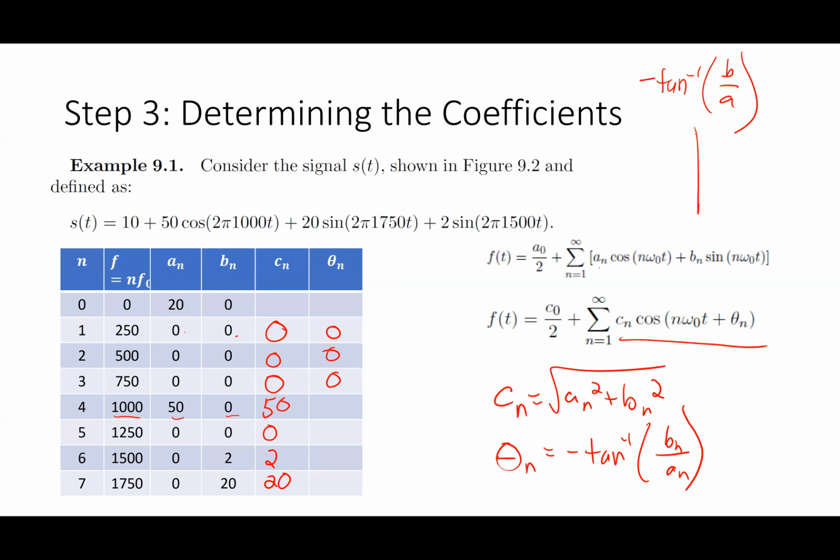The way I said this is I always said C e to the j theta is equal to A sub n minus j B sub n.